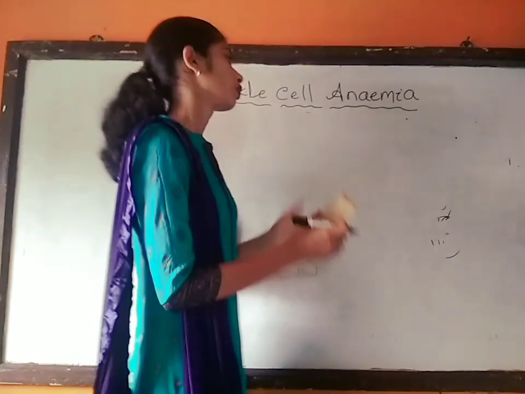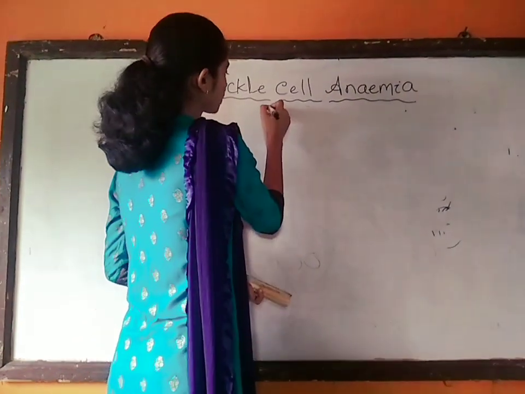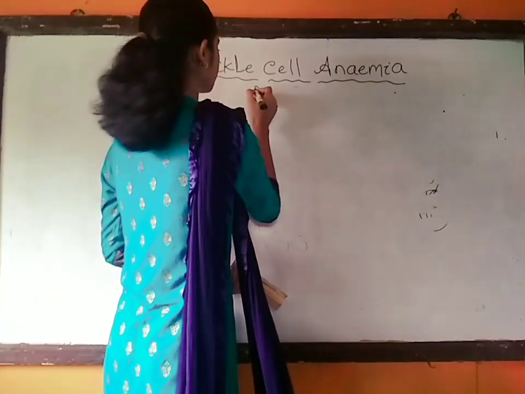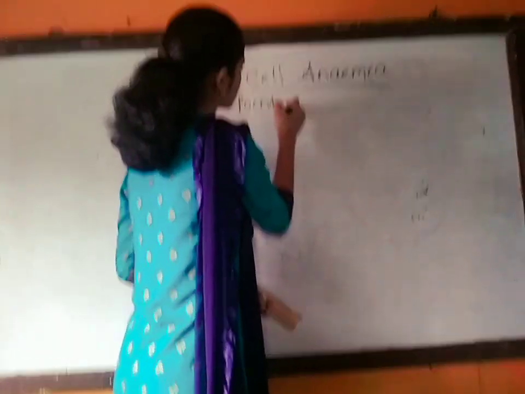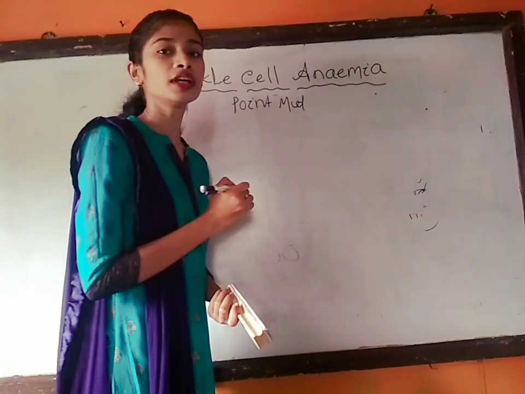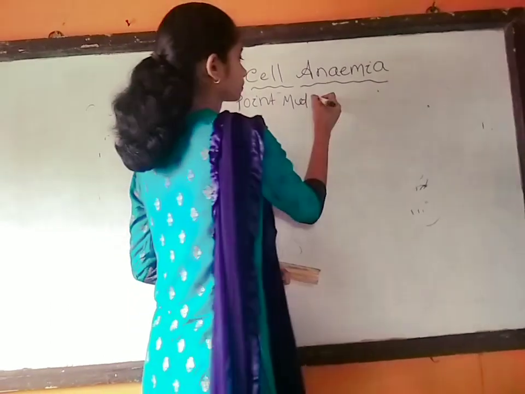So you know point mutation. I am giving you an example of how a point mutation, and like this point mutation, hemoglobin mutation, will start.